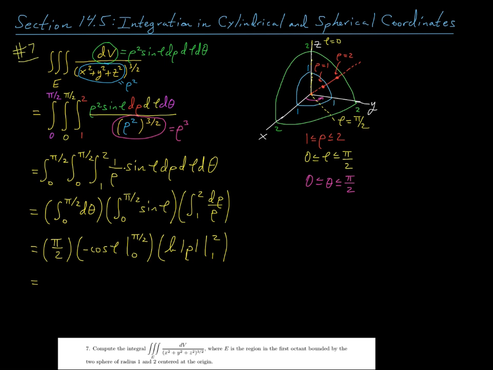Plugging 0 in gives us a negative 1, but it's being subtracted, so we get a minus 1. So we'll get pi over 2 times 1. And here I'm just going to get a log 2. Plugging 1 in gives me the log of 1, which is 0. And so when all is said and done, I have pi over 2 times the log of 2. All right, not too bad. Thanks very much.